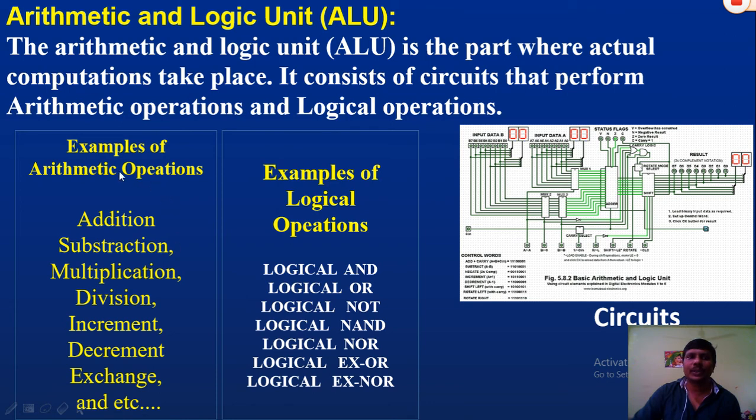We can do arithmetic operations like addition, subtraction, multiplication, division, increment, decrement, exchange, etc. Similarly, logical operations like logical AND, OR, NOT, NAND, NOR, XOR, and XNOR operations. Conclusion: the ALU's main purpose is all the computations or calculations.